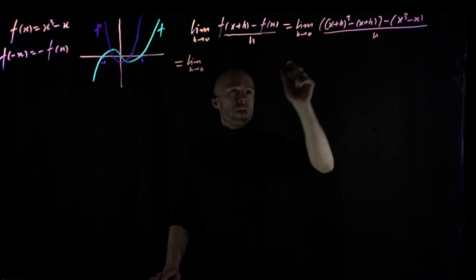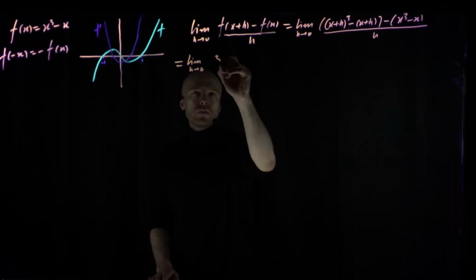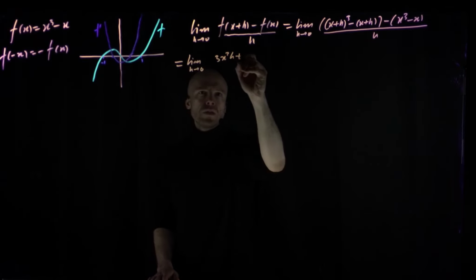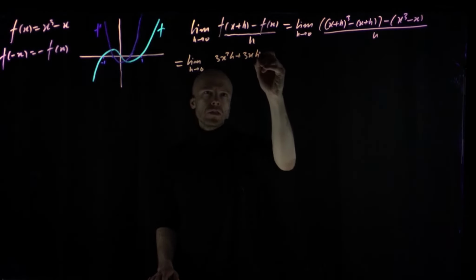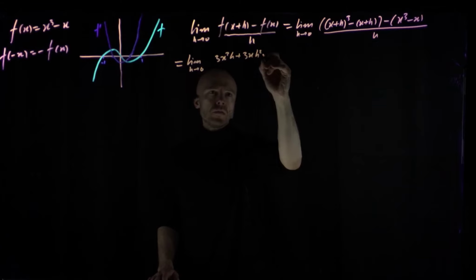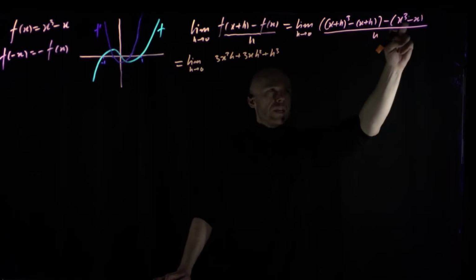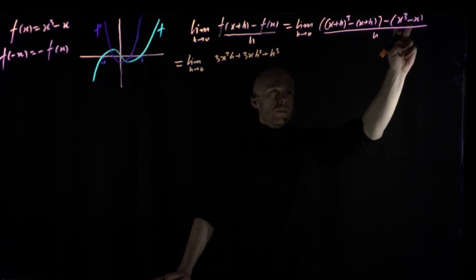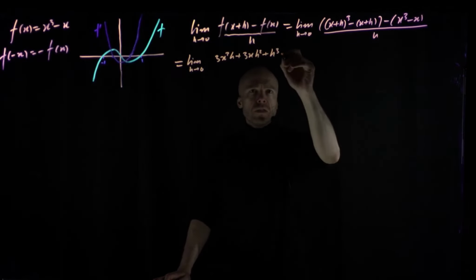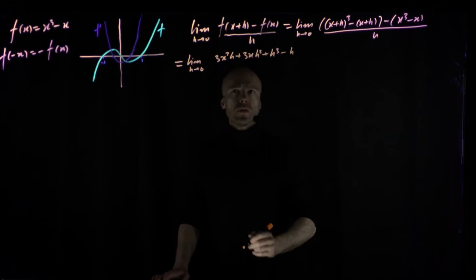We're going to lose the x to the 3, so we're going to have 3x squared h plus h to the 3. This minus x we cancel by this plus x, so we're just going to have a minus h, and that's all we're going to get from the top.